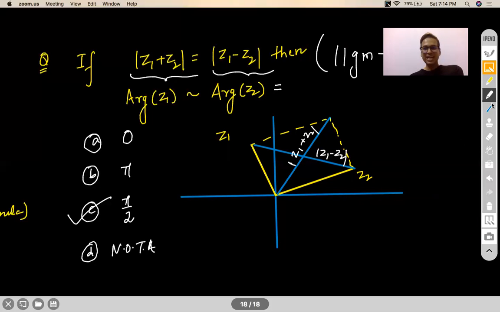And if this is theta, let's say the argument of z2 is theta, then the argument of z1 should be 90 degrees plus theta. I'm not claiming that z1 is above and z2 is below; it can be either way around, that's why I wrote difference. So it has to be 90 degrees. So option C has to be correct.